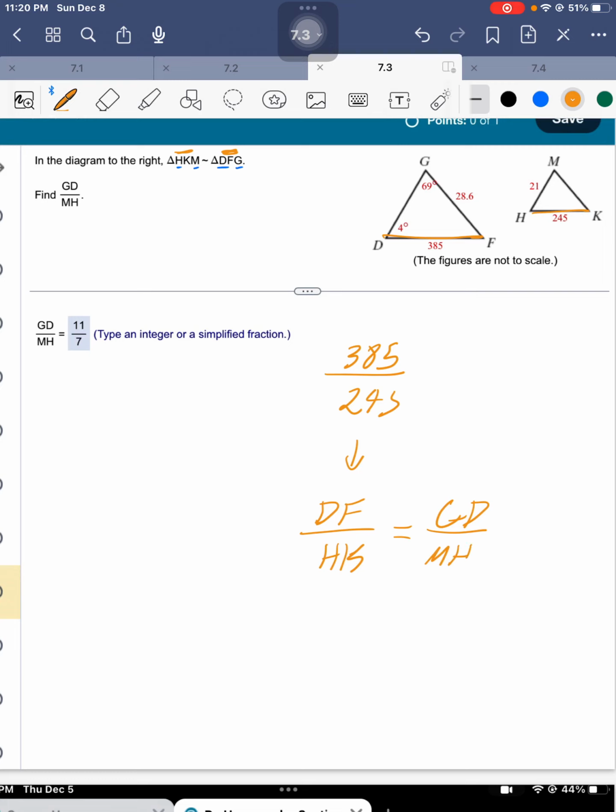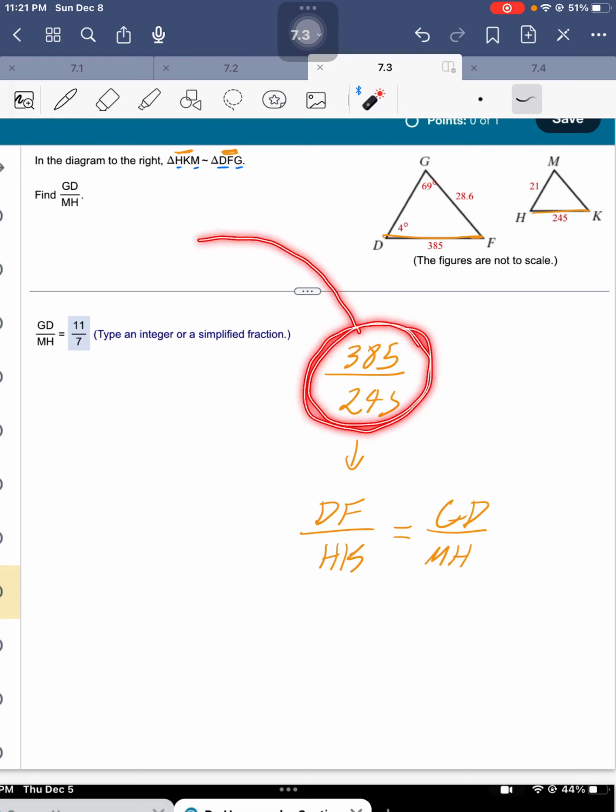Well, isn't DF to the HK going to be equal to GD to the MH? Yeah, because since the triangles are similar, I know that DF to HK is equal to GD to MH and is also equal to GF to MK. So that means whatever this simplified version is, should also be the value of my GD over MH.